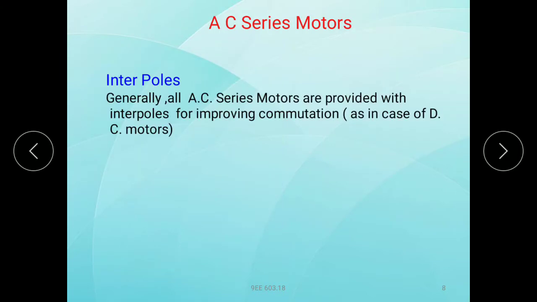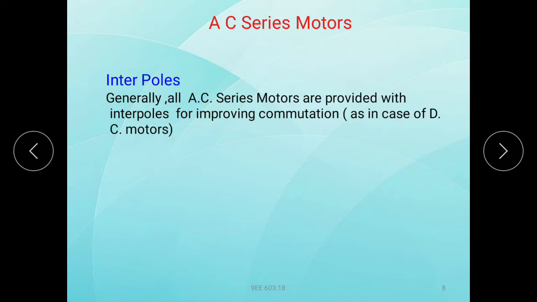Interpoles. Generally all AC series motors are provided with interpoles for improving commutation, as in the case of DC motors.